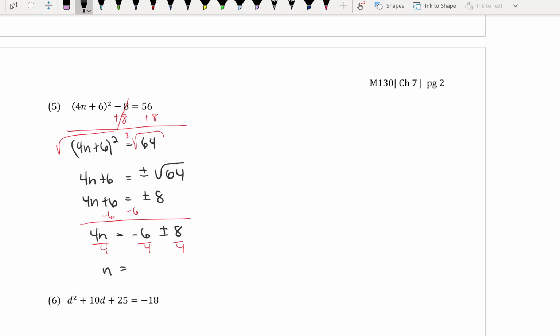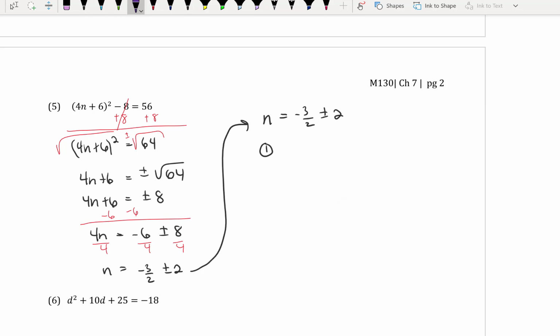So if I have the fraction negative 6 divided by 4, that gives me a negative 3/2 plus or minus, and 8 divided by 4 gives me 2. So if I have n is equal to a negative 3/2 plus or minus 2, it gets split into 2 equations.